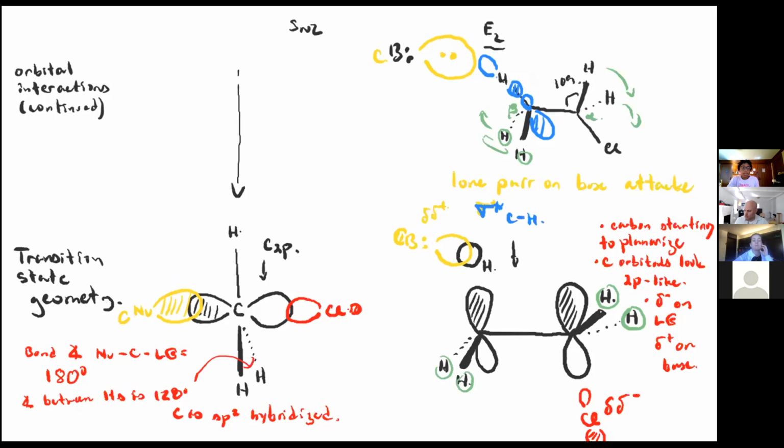Yeah, Ghana. Can you go over how the C2p orbital is derived? I know that comes from the bond between the carbon and the leaving group, but how does that transformation occur? Yeah. So the way to think about it is the following. At any given instant, as the reaction is proceeding, the carbon's going to have the hybridization that maximizes the bonding interaction.